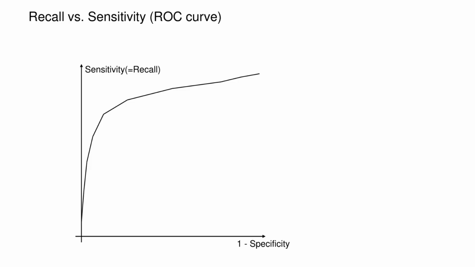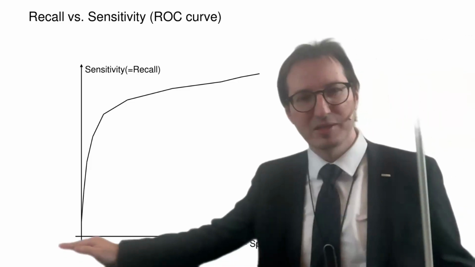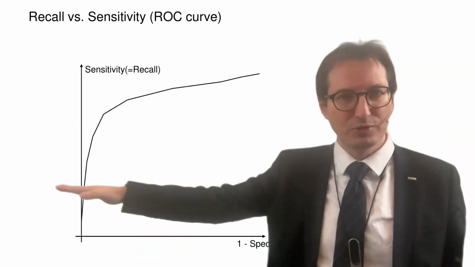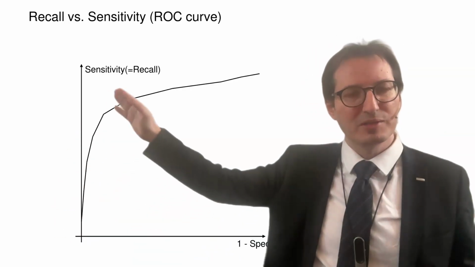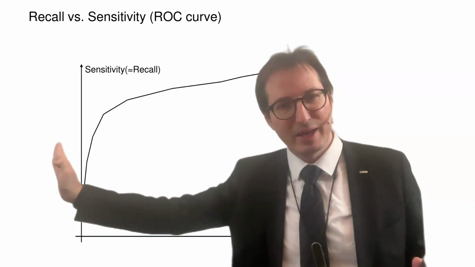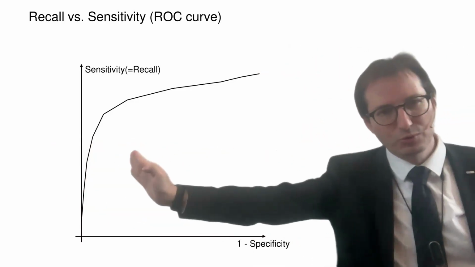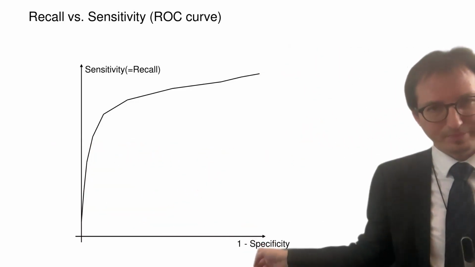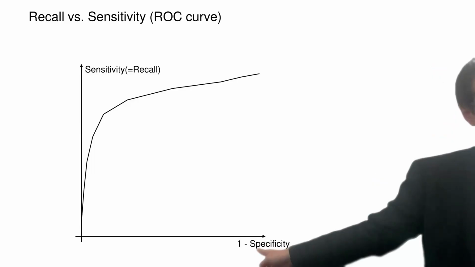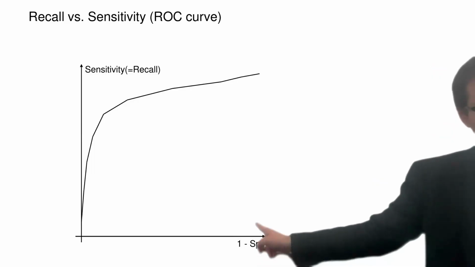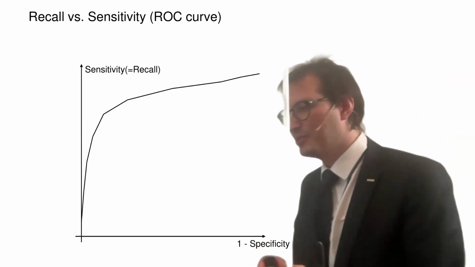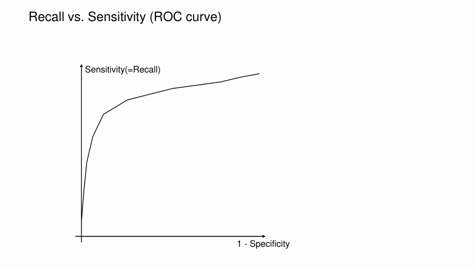So the idea is that you increase the sensitivity, meaning that you are going to increase the recall. And then when you go on the right, you are going to be controlling, to have an effect on the specificity. So remember specificity, what it is. So the recall is how good you are at returning relevant results, right?